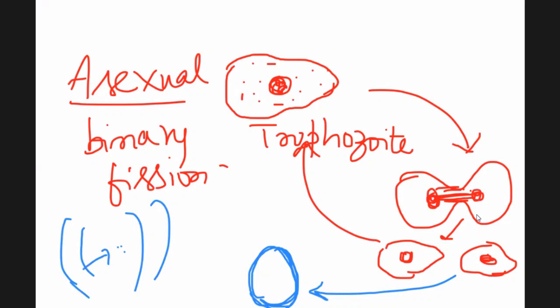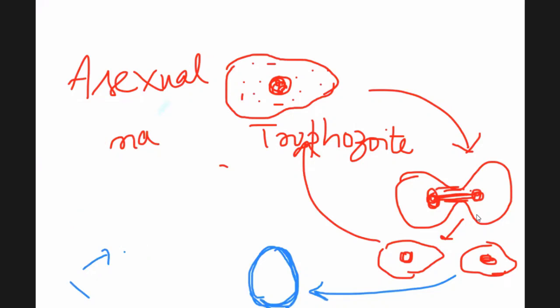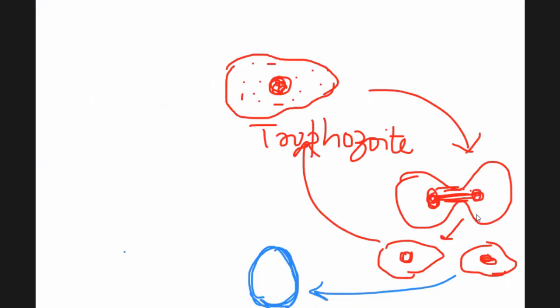And it doesn't feed, doesn't move. This stage is called the pre-cystic stage. What is that stage called? Pre-cystic stage. And in it, there are reserve foods, glycogen reserves.